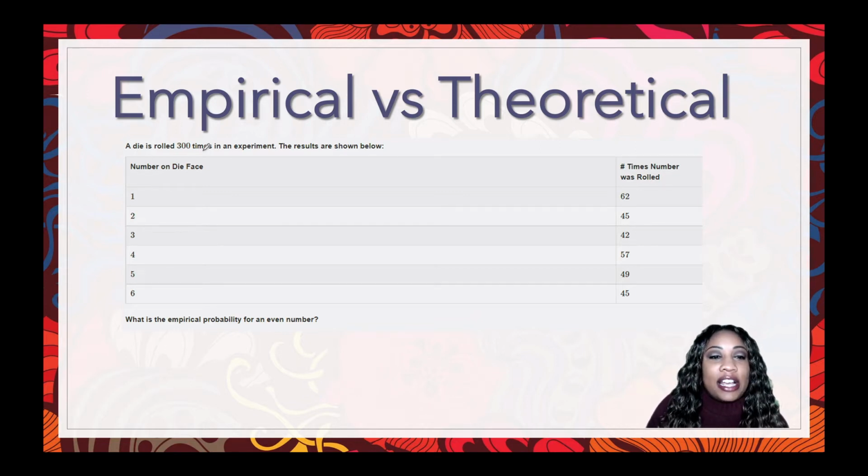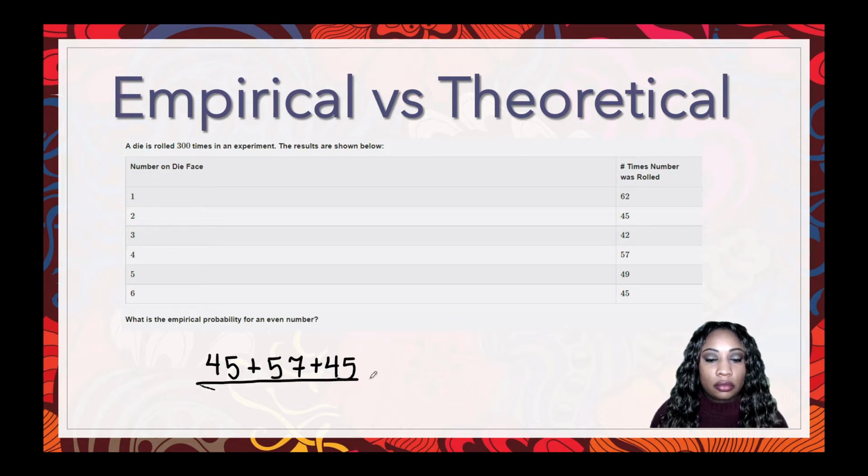So, a die is rolled 300 times in an experiment. The results are shown below. What is the empirical probability for an even number? So, 2 happened 45 times. 4, 57. And 6 is 45. And this is out of 300.